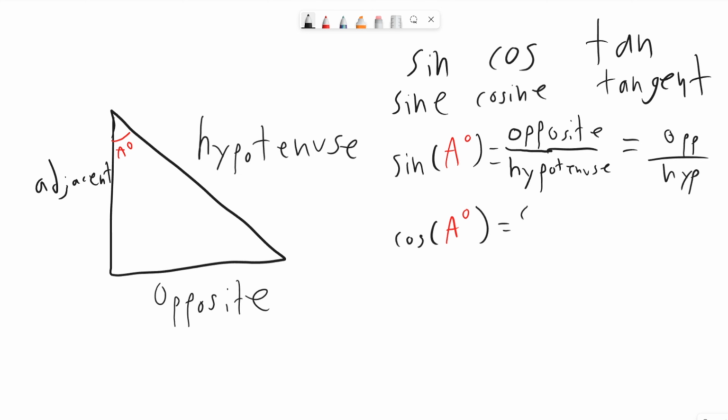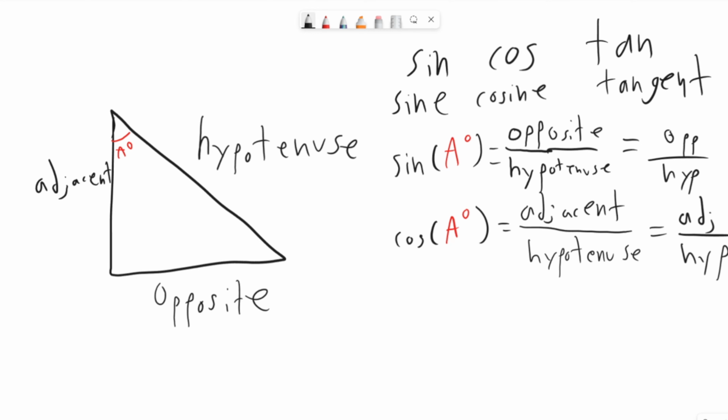So we have the adjacent, and we divide that by the hypotenuse. And then to abbreviate these, if you so wish, you do ADG for adjacent and still HYP for the hypotenuse.